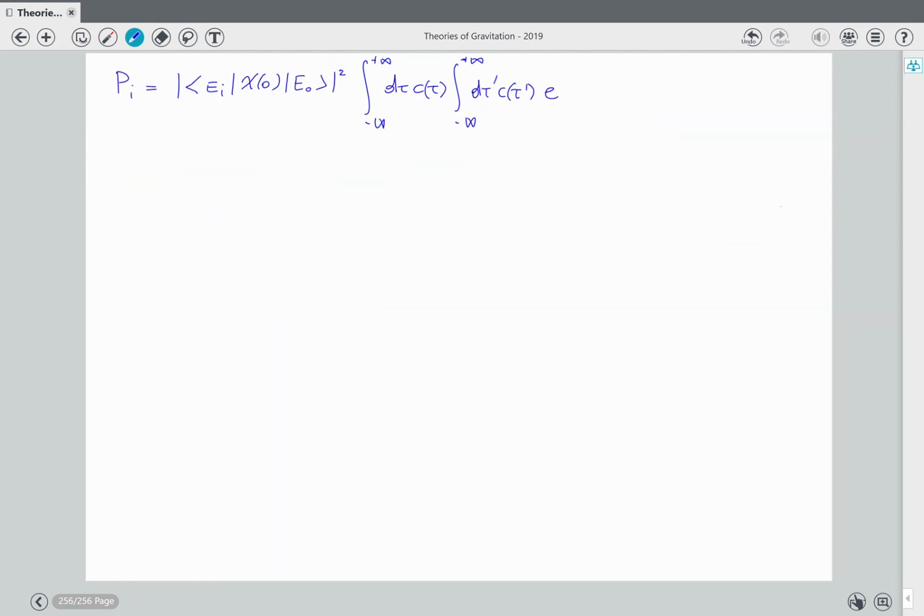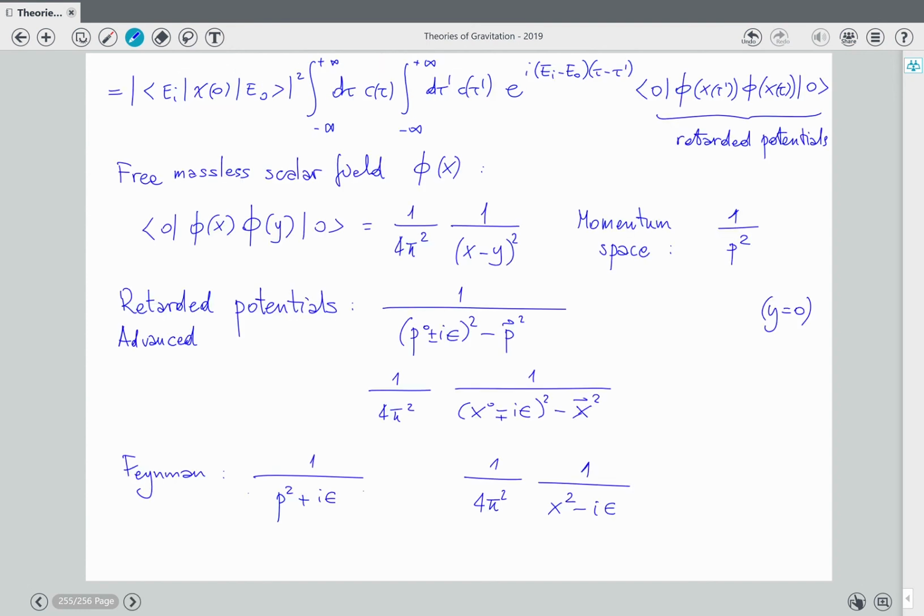Then you have e to the i, E_i minus E_0, tau minus tau prime, times 1 over 4 pi squared, and then you have 1 divided by what? x0 becomes x0 minus y0.